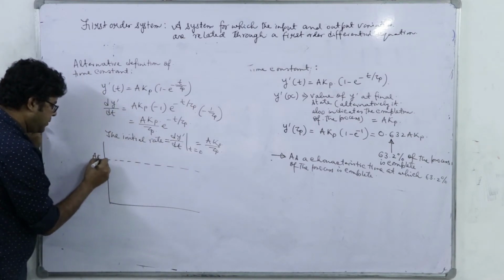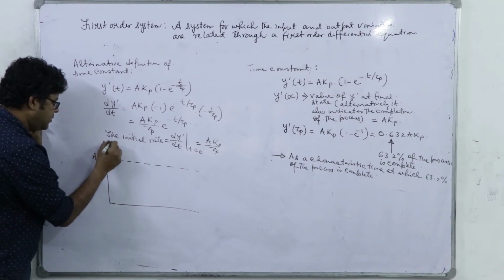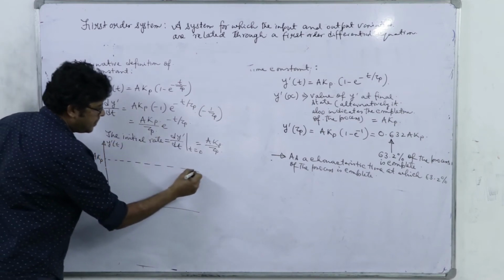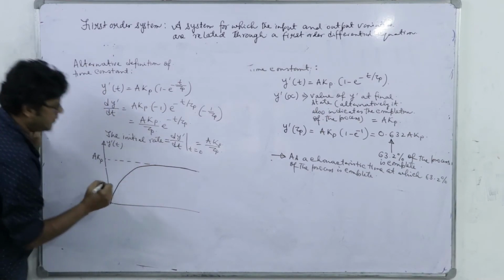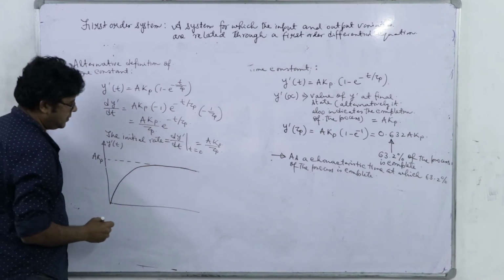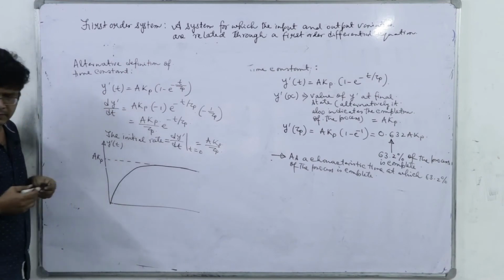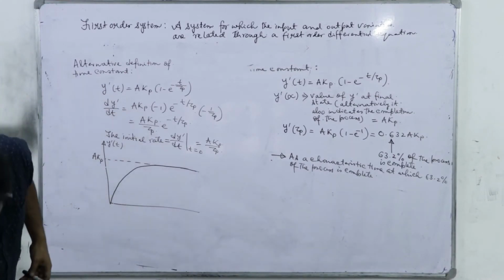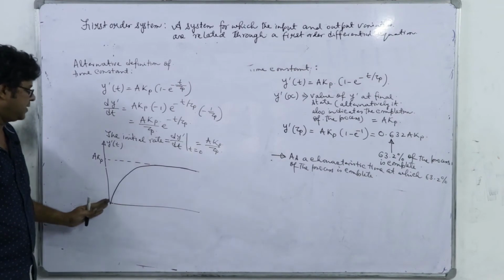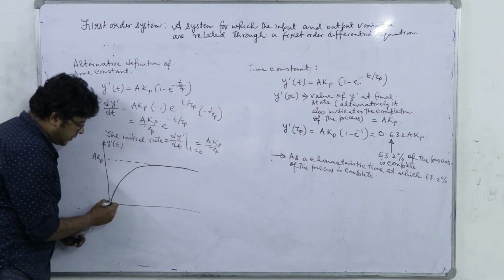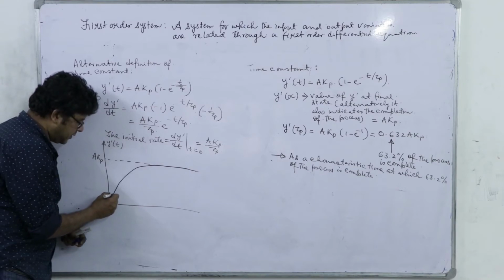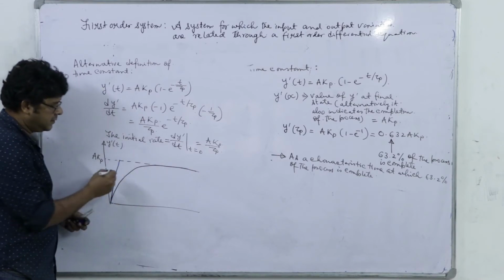So this is A K p, this is y prime t, and this is the first order process, right. Now, if I think of initial rate, it is basically the slope of the tangent. Now, alternative to this actual process, we can think of a process like this. This is the process path.